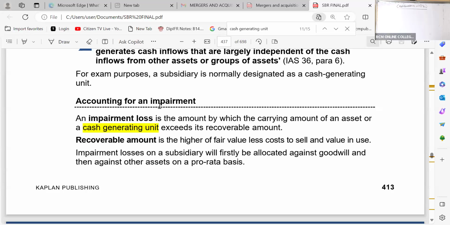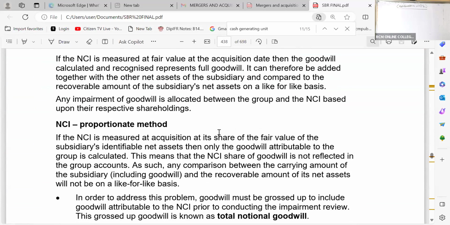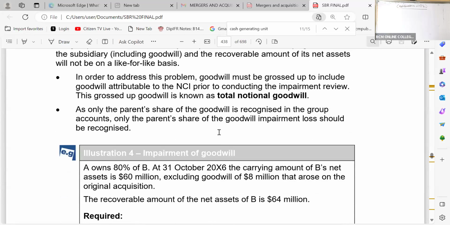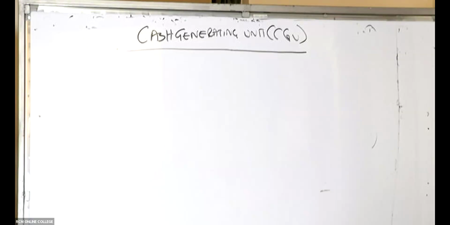Accounting for an impairment. An impairment loss is the amount by which the carrying amount of an asset or a cash generating unit exceeds its recoverable amount. Now, I don't want to go through all this. Already you have done that. What I would want us to do here, ladies and gentlemen, is to look at how we allocate impairment losses to cash generating units.